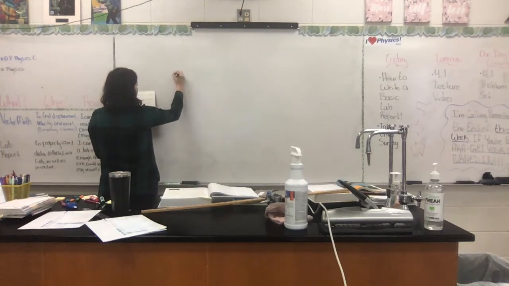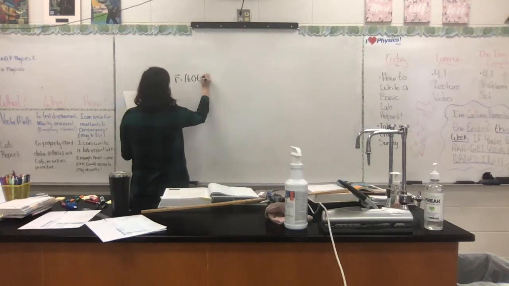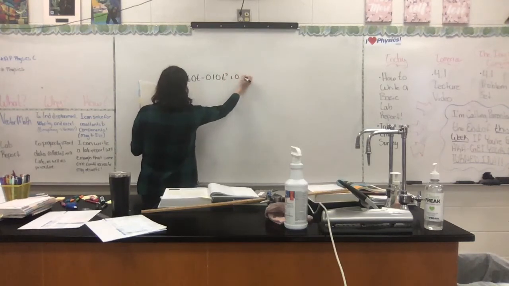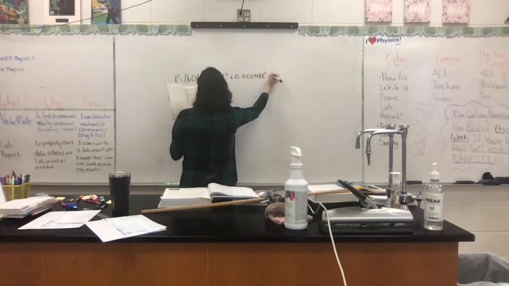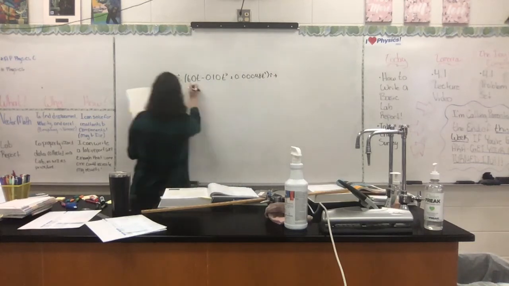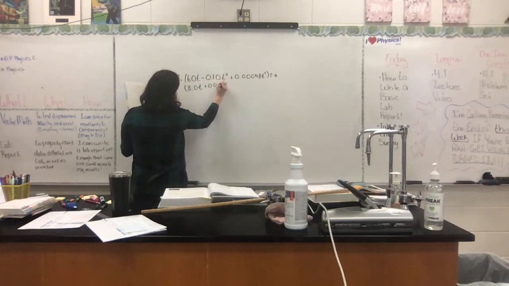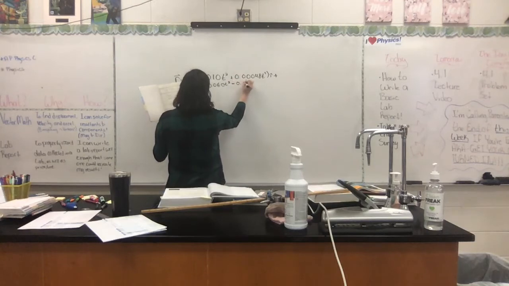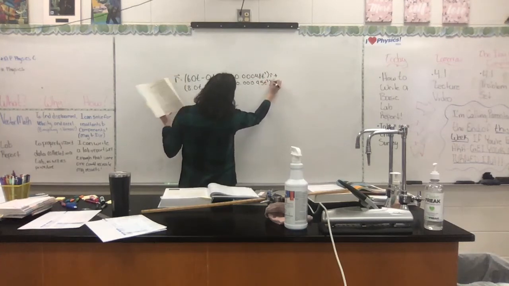We have that vector r equals 6.0t minus 0.10t squared plus 0.00048t cubed i hat plus 8.0t plus 0.060t squared minus 0.00095t cubed j hat.